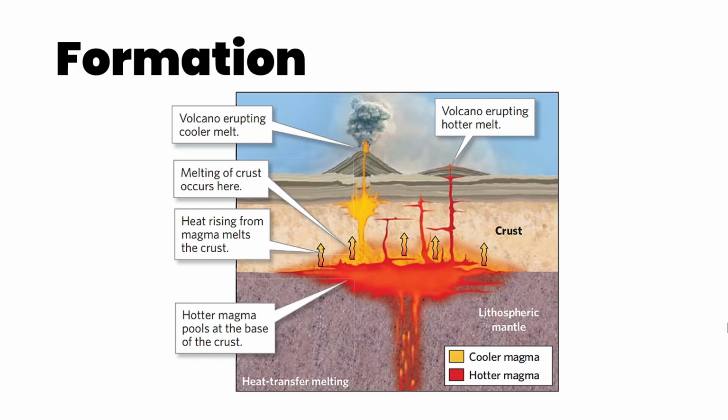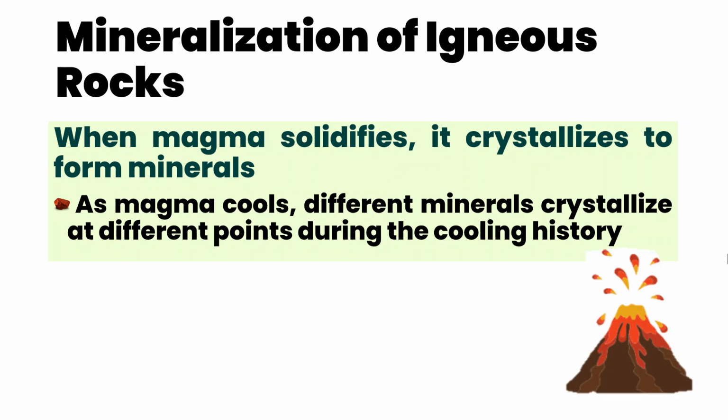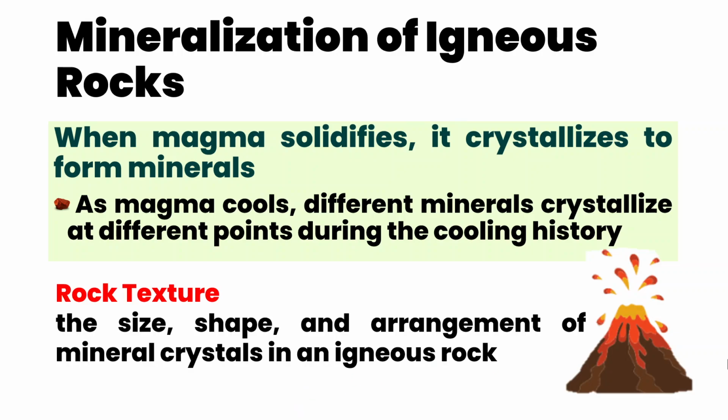They become extrusive igneous or intrusive igneous. When magma solidifies, it crystallizes to form minerals. As magma cools, different minerals crystallize at different points during the cooling history. So this cooling history might affect its texture.